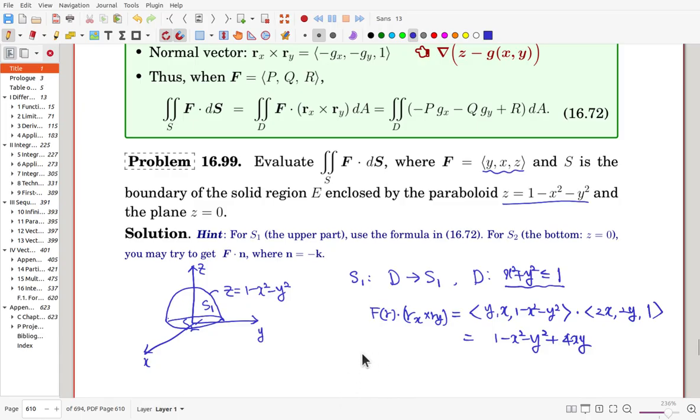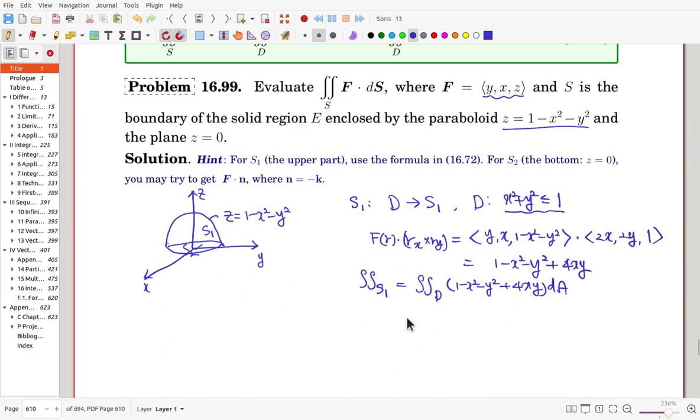So the surface integral over S1 is the same as the double integral over D of this quantity, 1 minus x squared minus y squared plus 4xy, dA. D is a polar region, a disk of radius 1, so the angle is from 0 to 2 pi, the whole circulation, r is from 0 to 1, and this one is 1 minus r squared, and plus 4 times r cosine theta, r sine theta.